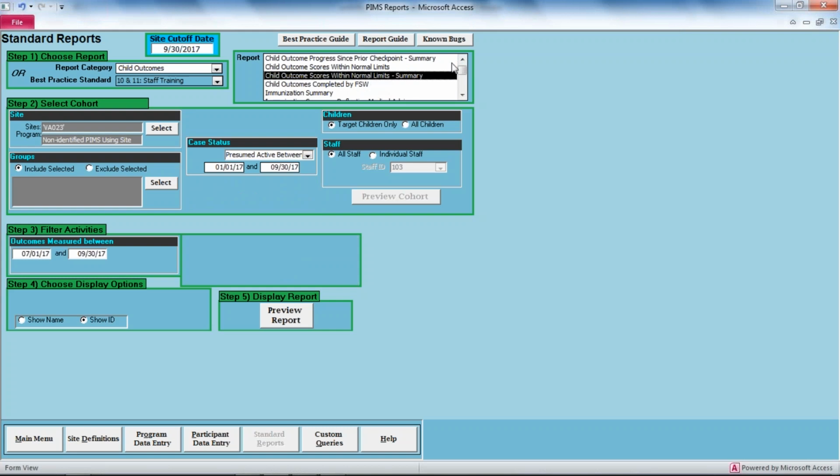The report that looks at outcome checkpoints will give you how many people did it, but it does not look at how many were within normal limits on whatever instrument it is. The one that shows you the within normal limits is the child outcome scores within normal limits summary, and it does not include the ASQ. So you have to look at both of those reports because they're answering two different questions.